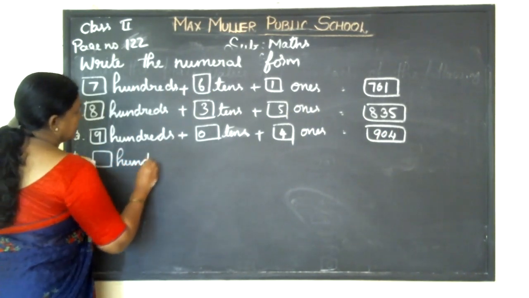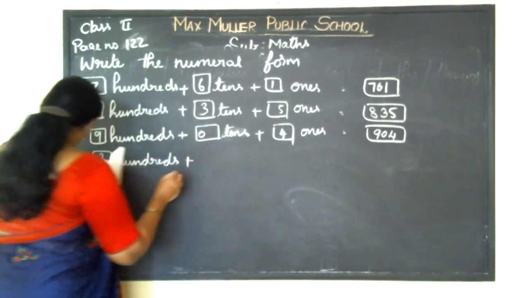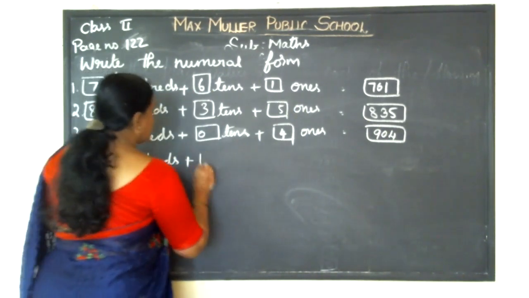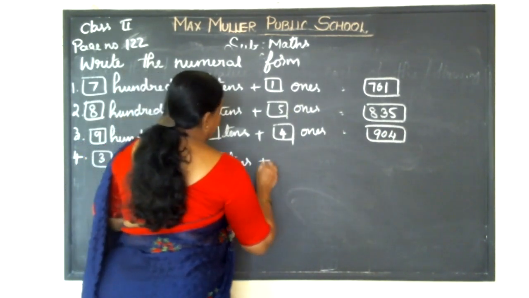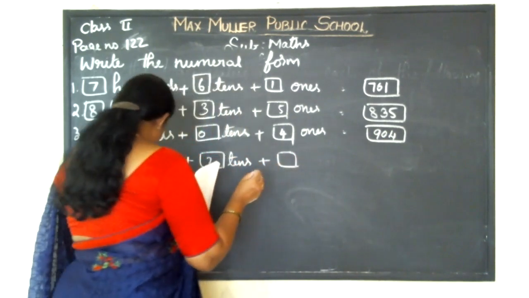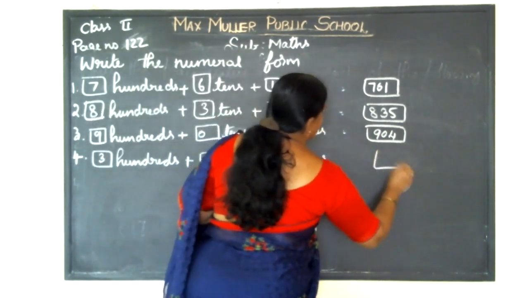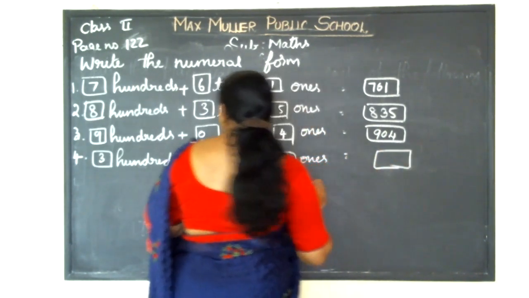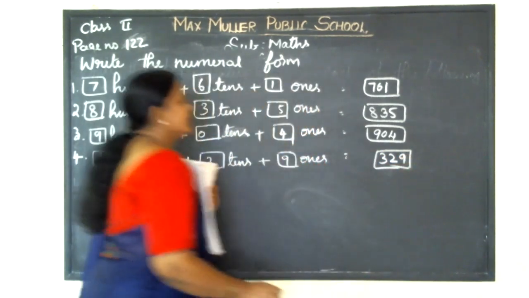300 plus 2 tens plus 9 ones. In the box I will write 329. 329.